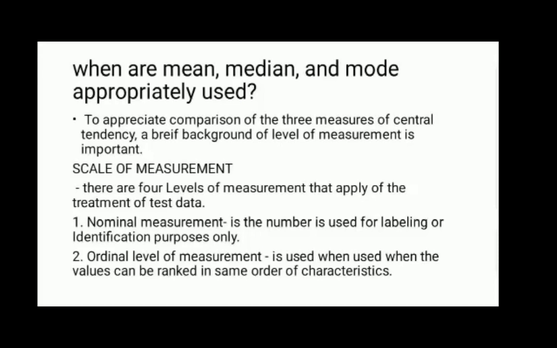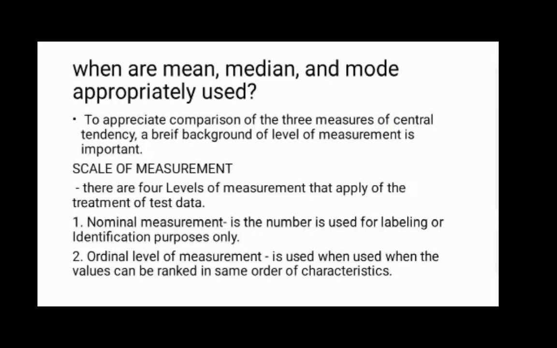There are four levels of measurement that apply to the treatment of test data: first, nominal level of measurement; ordinal level of measurement; interval level of measurement; and ratio scale.